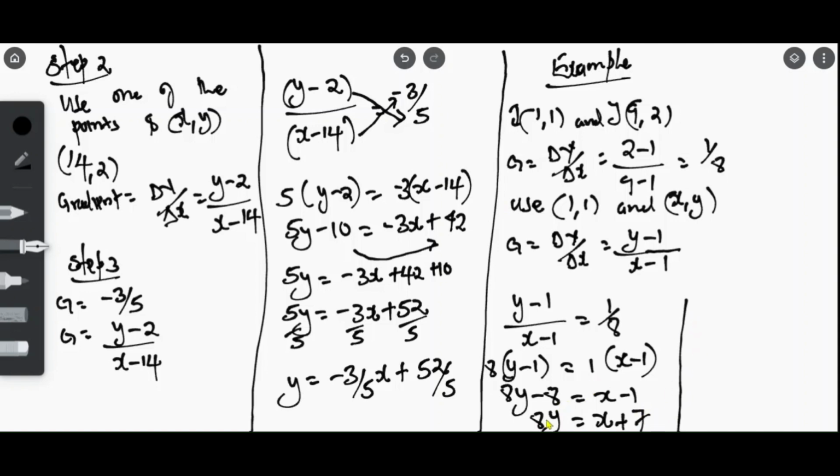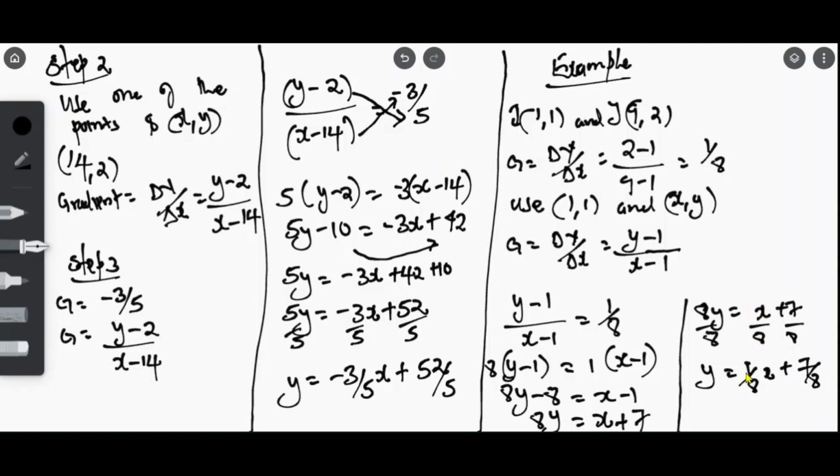I divide across by 8: 8y equals x plus 7, so y equals 1 all over 8 x, I add 7 all over 8.